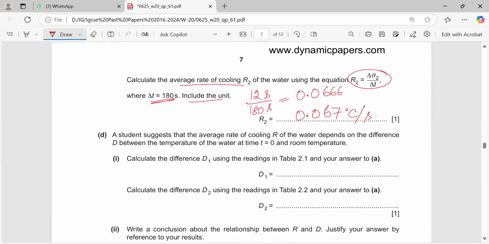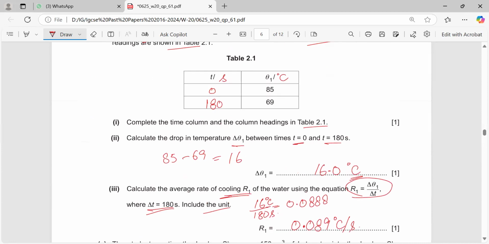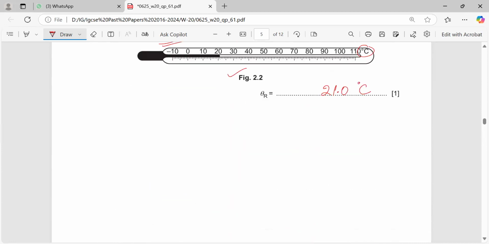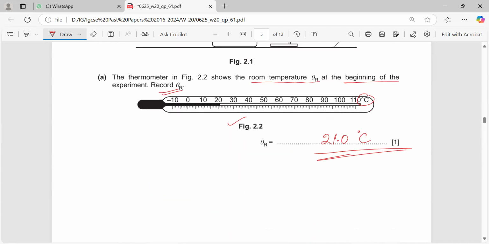Now, my dear friends, a student suggests that the average rate of cooling R of water depends on the difference D between the temperature of the water at T equal to 0 and room temperature, which was 21. The very first mark on this experiment was 1 mark for recording the room temperature, which is 21.